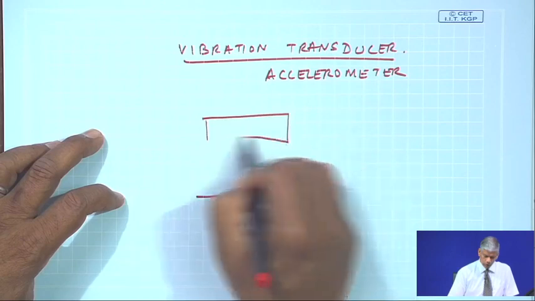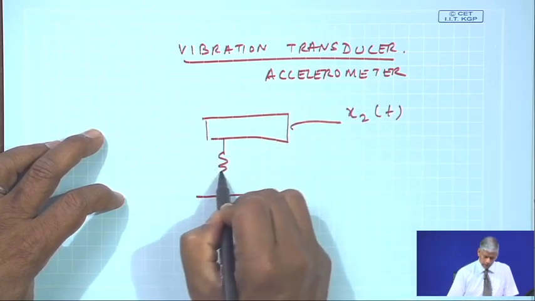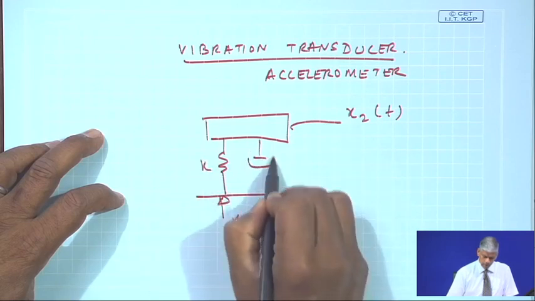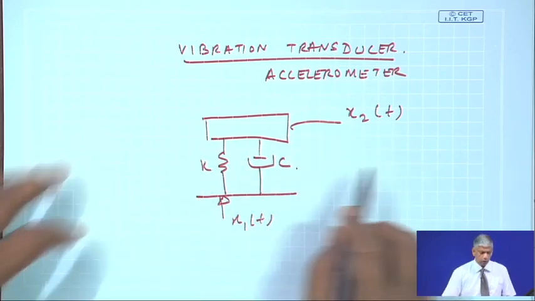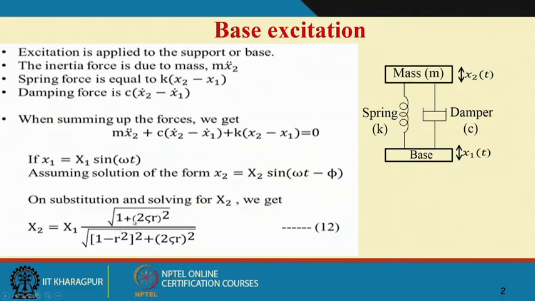How this body is responding is what we are going to look into. So, you will always come across this term in vibrations: square root of (1 plus (2 zeta r) squared) over ((1 minus r squared) squared plus (2 zeta r) squared). Many times in force excitation, base excitation, vibration isolation, you will come across these terms, and we will see what needs to be done.